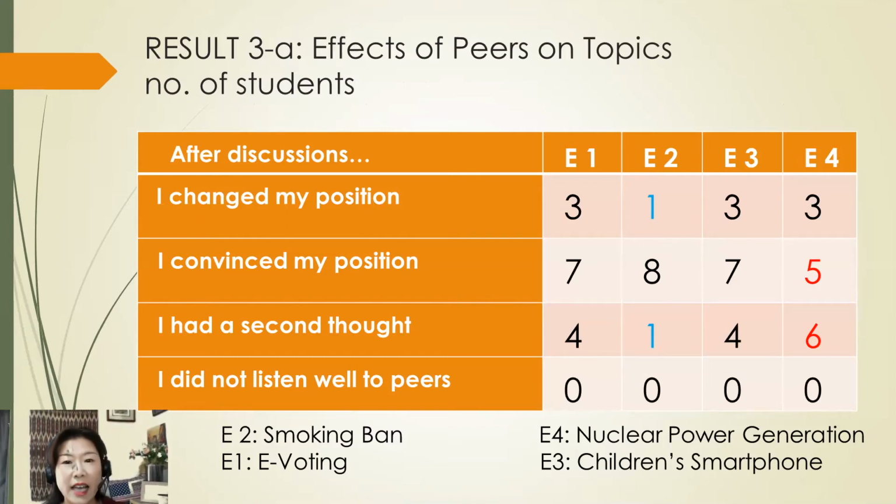And then in essay 2, smoking ban, only one person changed the position and only one person had a second thought. Most people had convinced their position. Whereas in essay 4, nuclear power generation, many people were not convinced in their position and 6 people had a second thought.